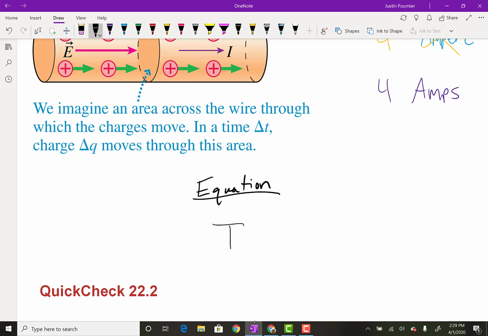So the current is equal to the amount of charge divided by the change in time. Or if you're in calculus, dq dt. So that's kind of the equation we use. And there you go.